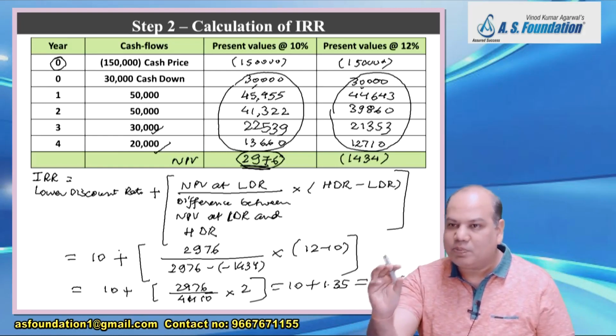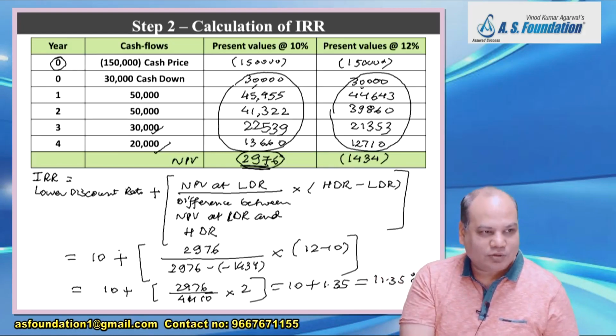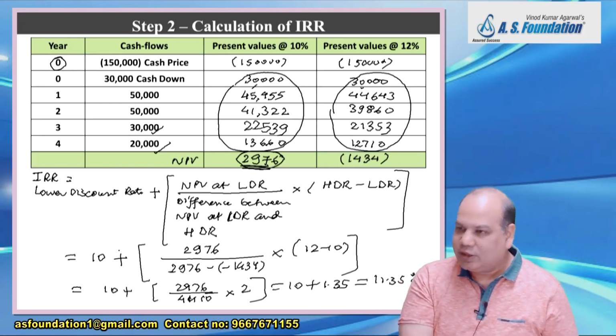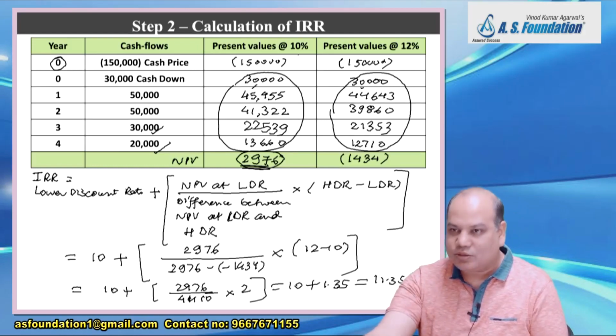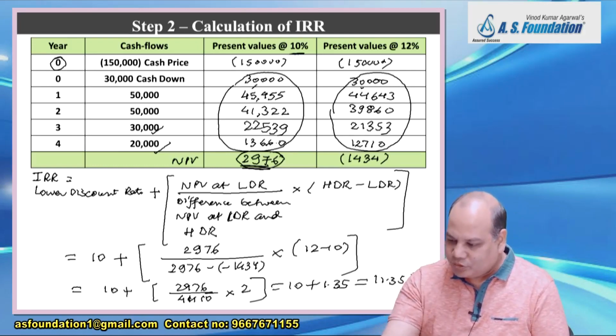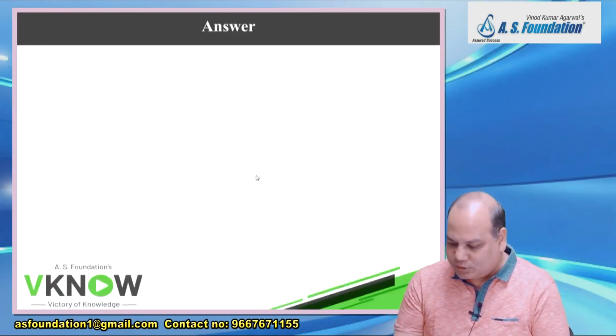Now there is a simple arithmetic logic of this formula. You want to know? Okay. So now if you want to know, continuously pay attention. When discount rate is 10%, your NPV is 2976. I'll write here summary version.